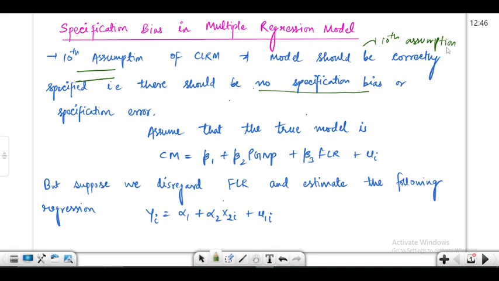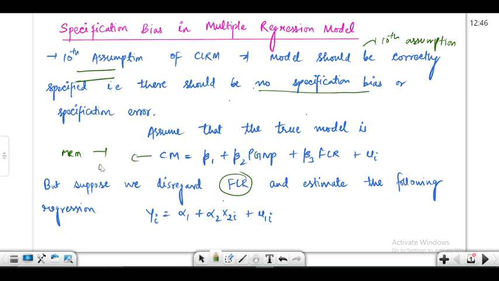Let's try to see what this means. Let us assume that the true model looks like this. It's a multiple regression model. But suppose we disregard, or somewhere down the line we just forget to mention or skip, FLR. You know these terms.